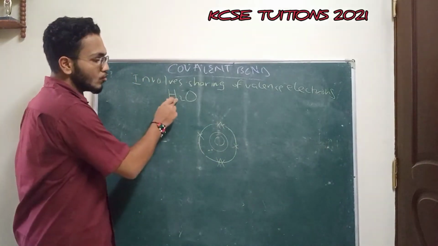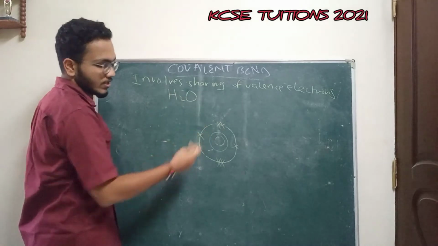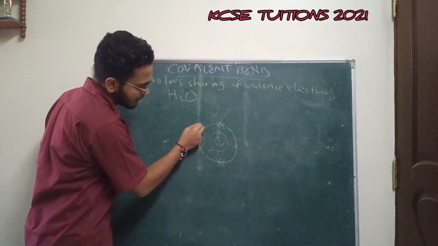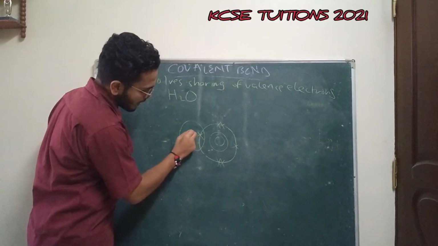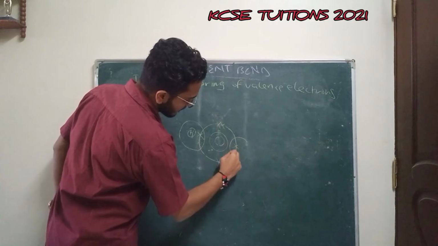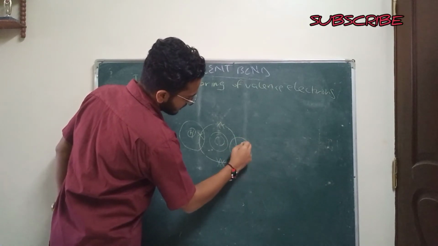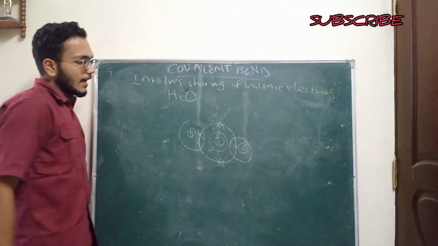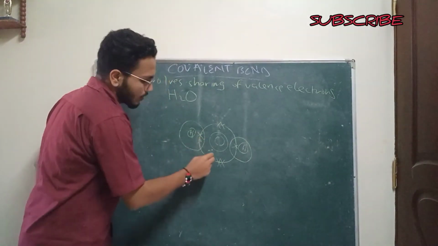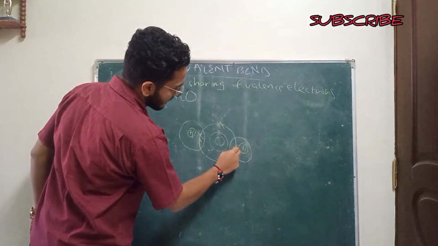Now you join 2 hydrogen atoms to this oxygen. How? You bring the energy level inside the other of the oxygen, and you draw a nucleus and put H, and you draw another energy level, nucleus and hydrogen. Now this hydrogen has 1 electron, so you put a cross, and another one on this side.